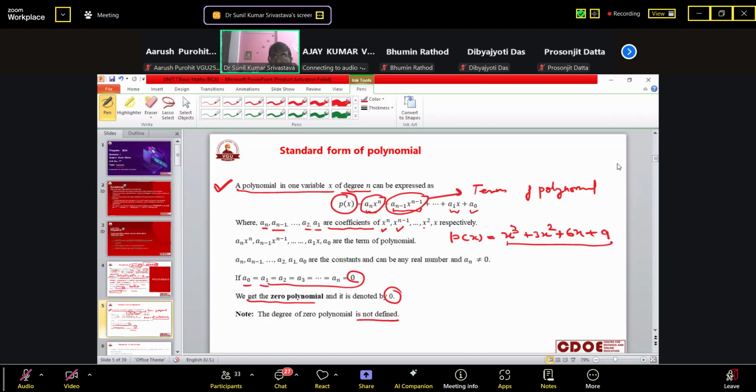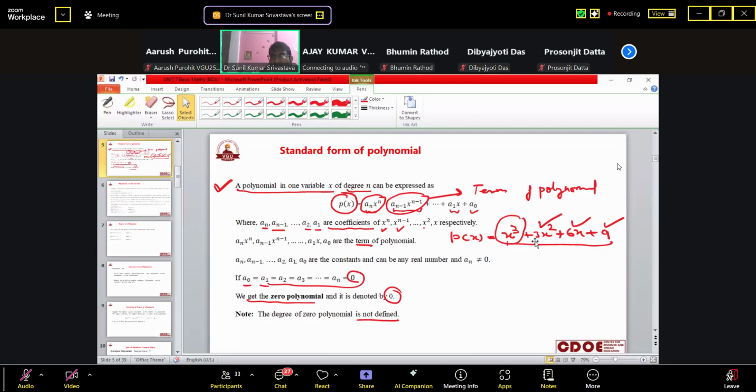Here x cube is a term of the polynomial, 3x square is also a term, 6x is also a term, and 9 is a term of the polynomial, that is the constant term.